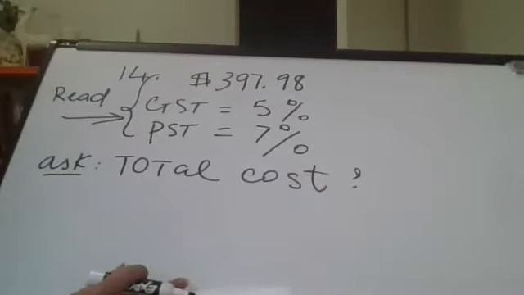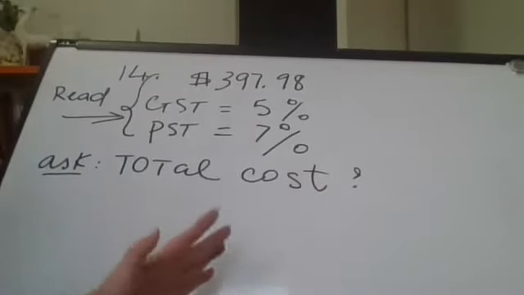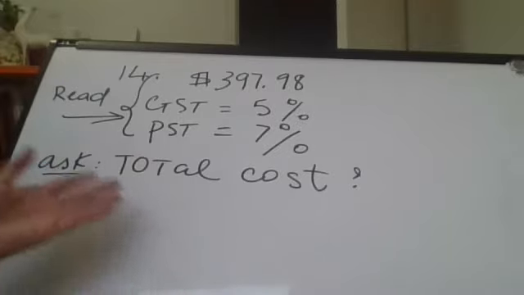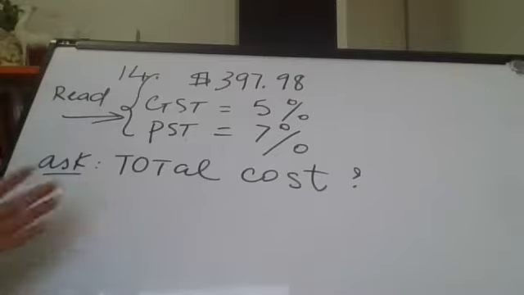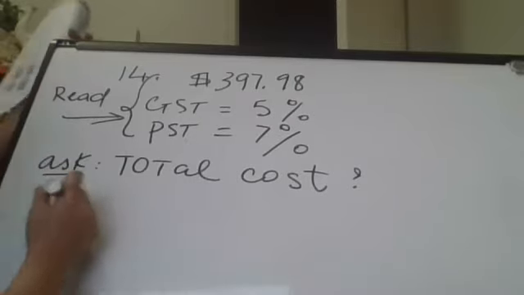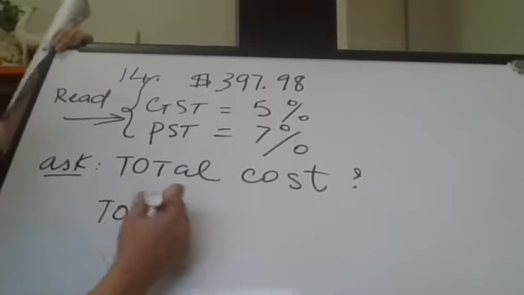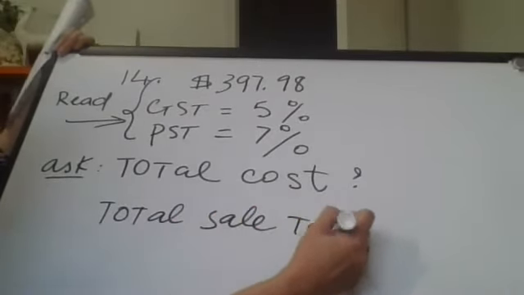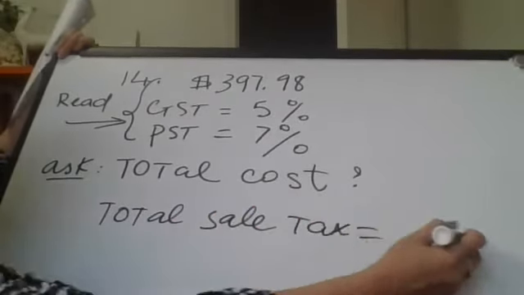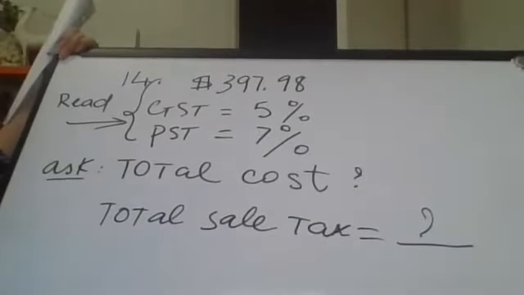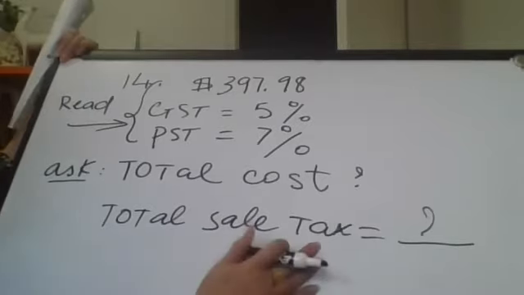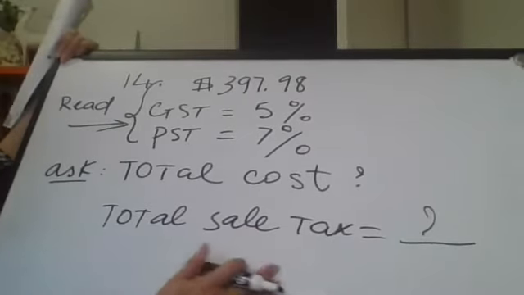Now, I marked your paper and it turned out a lot of you just assumed the question without reading it. If they don't ask for the total sales tax, then don't find out the amount of tax you have to pay. How do you know that? If you assume they asked for sales tax, that's not true.